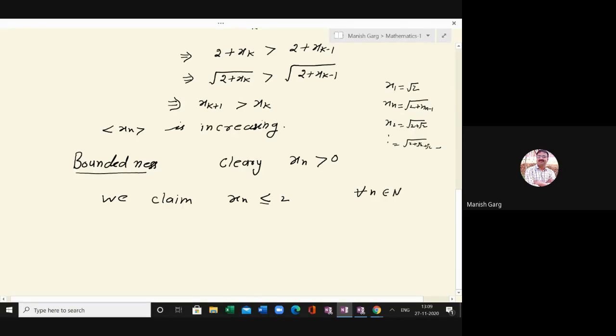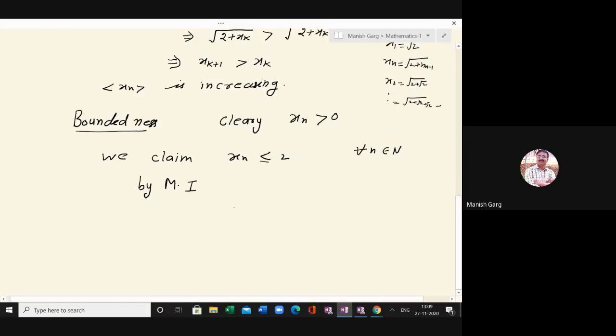Now you need to prove it by mathematical induction. Clearly x1 is less than 2.